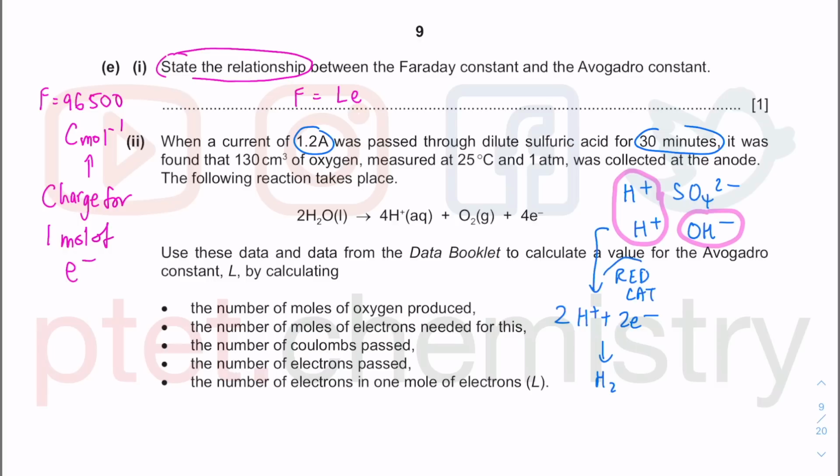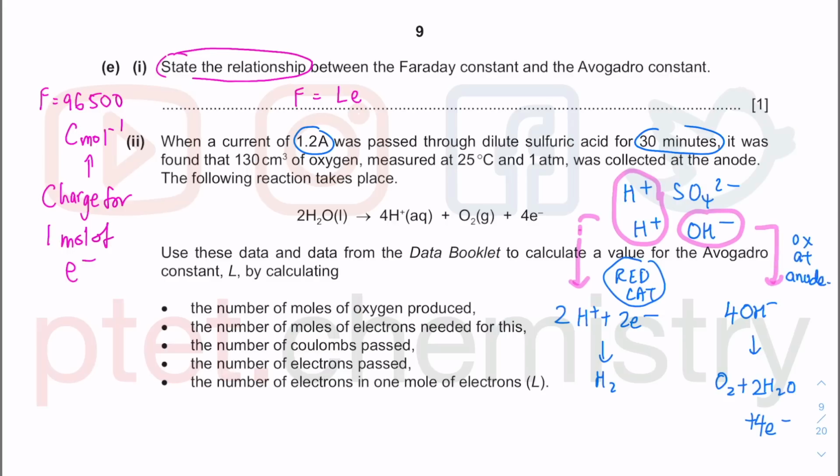Reduction happens at the cathode for your electrolysis. As for your OH-, the OH- will become O2 and H2O and electrons, and you balance the equation with 4 OH- and 2 H2O and 4 electrons there. So that is your oxidation at the anode, because reduction happened at the cathode.